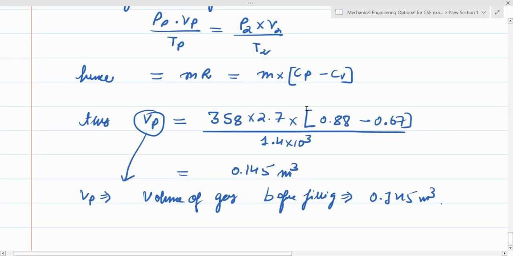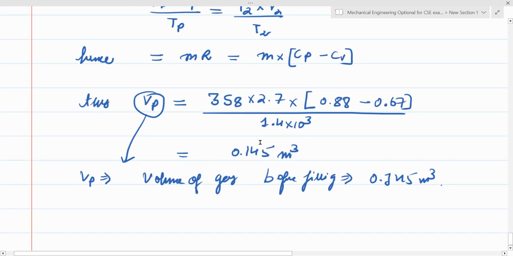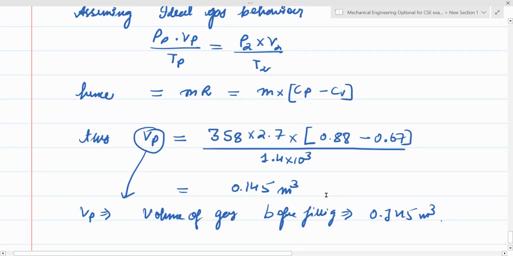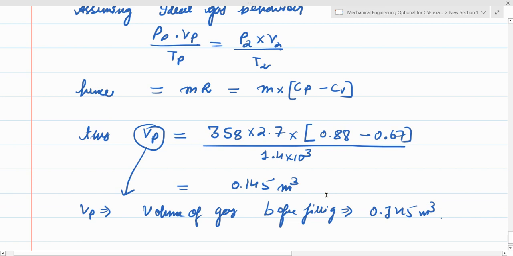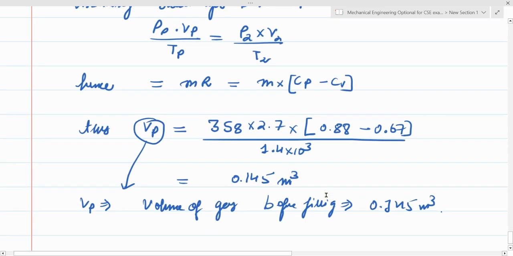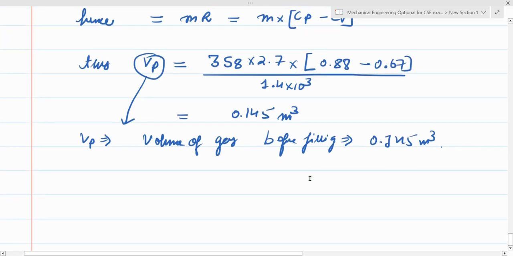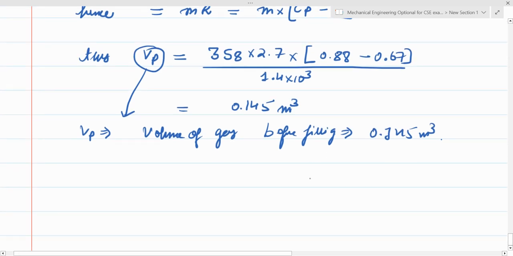Thus, Vp we can get by P2 multiplied by V2 multiplied by Cp minus Cv divided by the initial pressure. Thus, we can find out the volume before the filling of the gas.